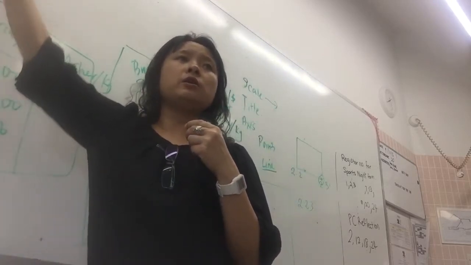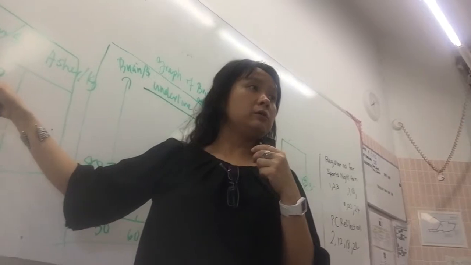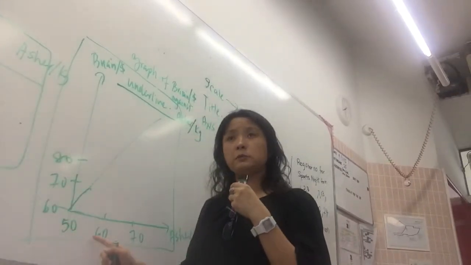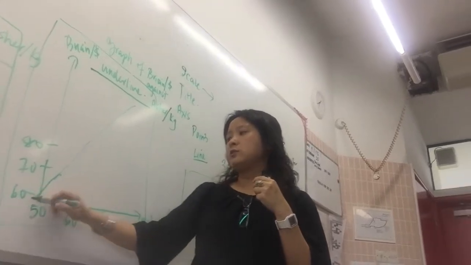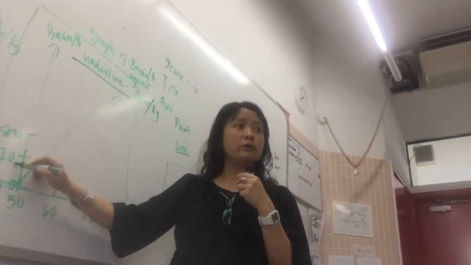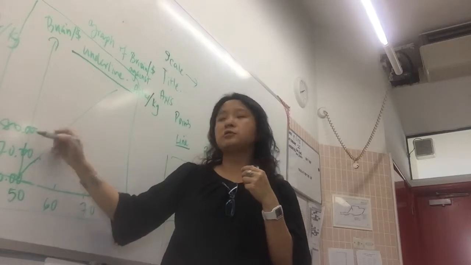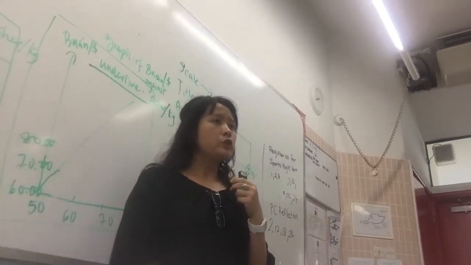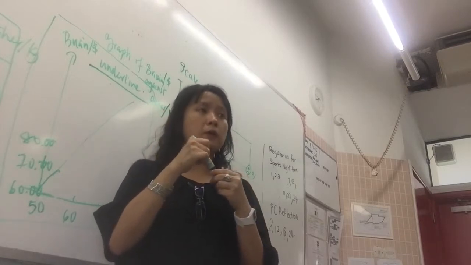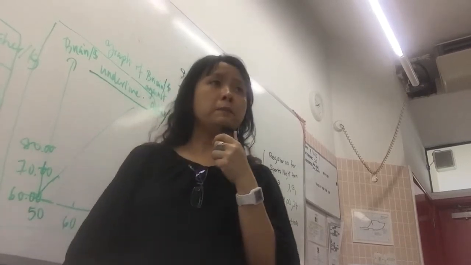Now, listen. If the table has a decimal place, down here must also reflect the decimal place. So down here it's not 60, I must put down 60.00, 70.00, 80.00. The number of decimal places must tally with the table. You follow? This is something that a lot of people cannot remember. You follow?